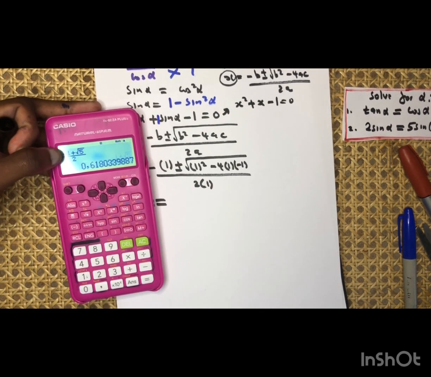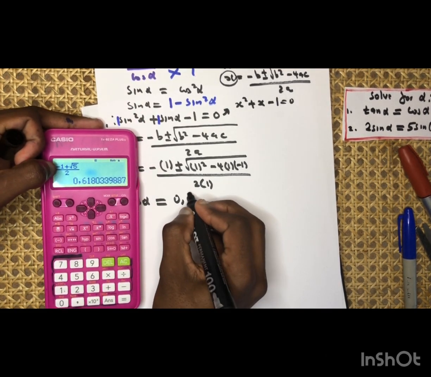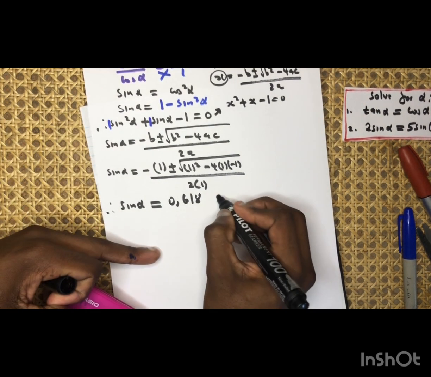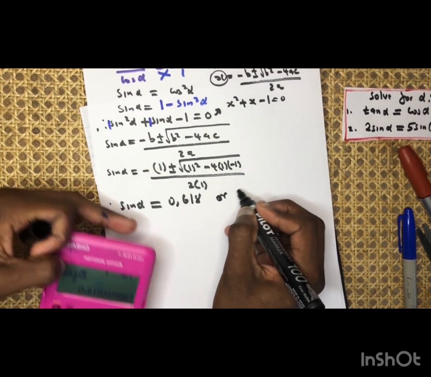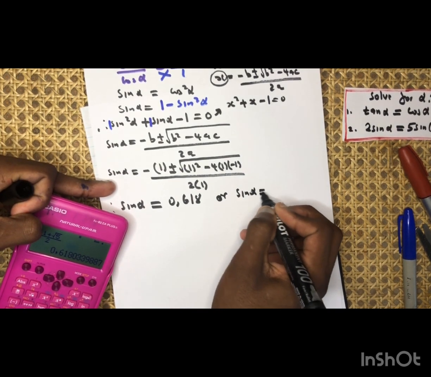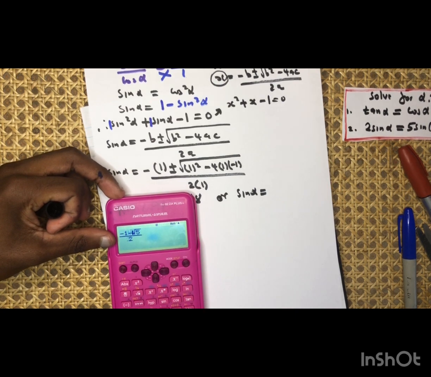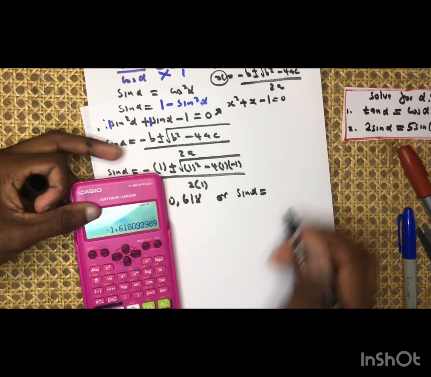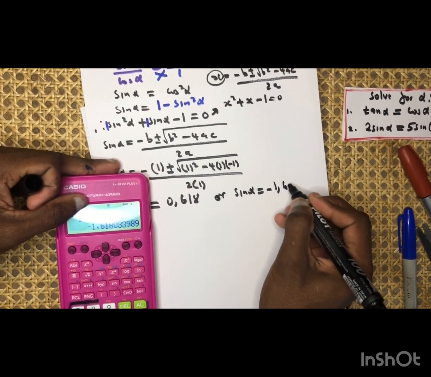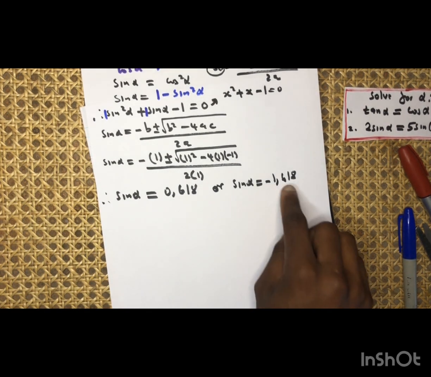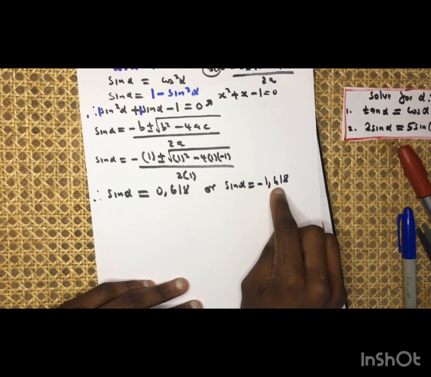I will round to 3 decimals: 0,618, or sine alpha equals negative 1,618. All right. So guys, we don't stress ourselves about this one. There's no solution for this.